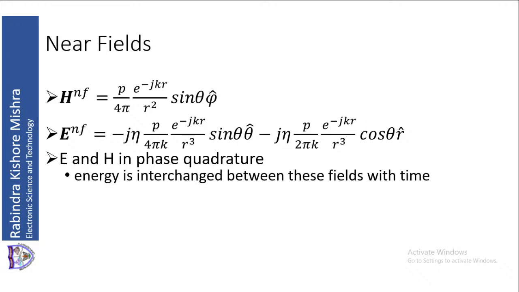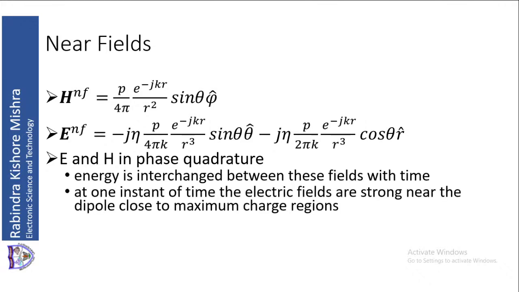So there is energy interchange between these fields with time. Since they are in phase quadrature, there will be energy interchange between H and E. At one instant of time, all the energy will be stored in the electric field.